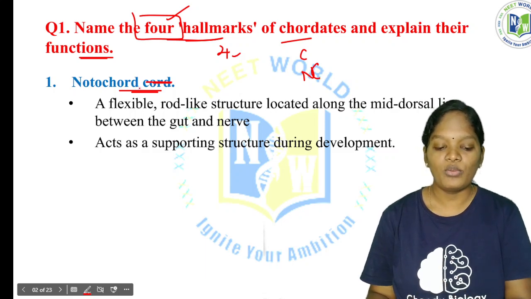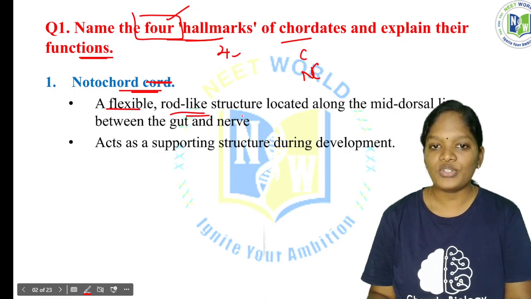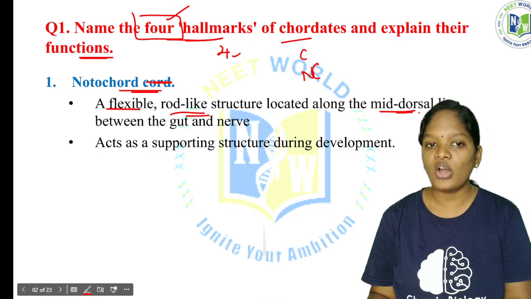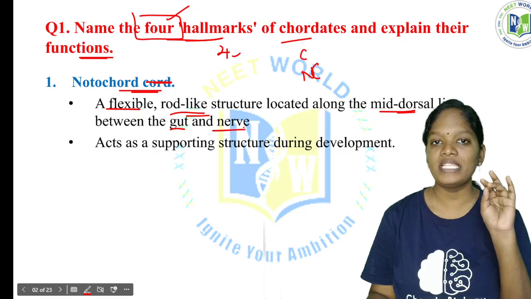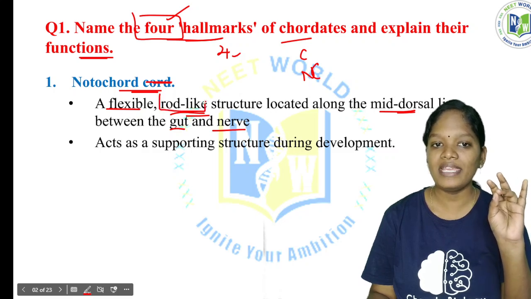Now, what is the structure of the notochord? It is a flexible rod-like structure located along the mid-dorsal line between the gut and the nerve cord. So you should know the notochord is flexible, the first important point, and the second point is that it is rod-like in structure.